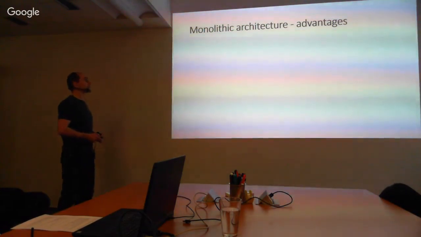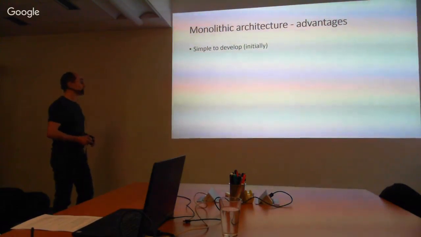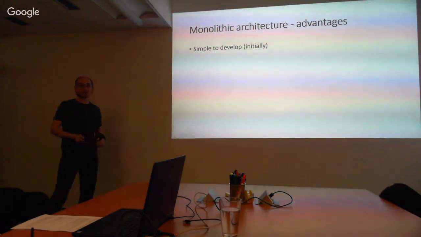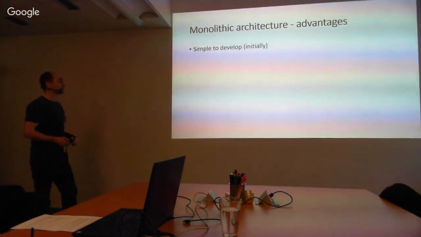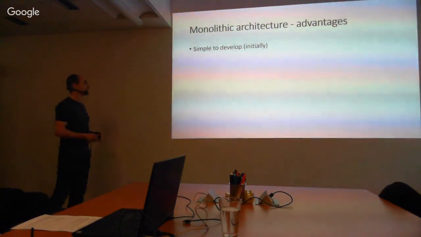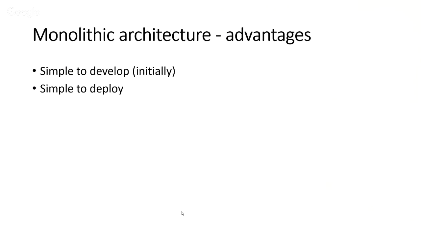So obviously this architecture has a lot of advantages. They are much easier to develop, at least initially, than the microservices. But if they grow bigger, we might face some issues, as I will mention later on. They can be simple to deploy as well, because you're just deploying one piece. Sometimes it might be more complicated, but it's just one piece of the application you're deploying.